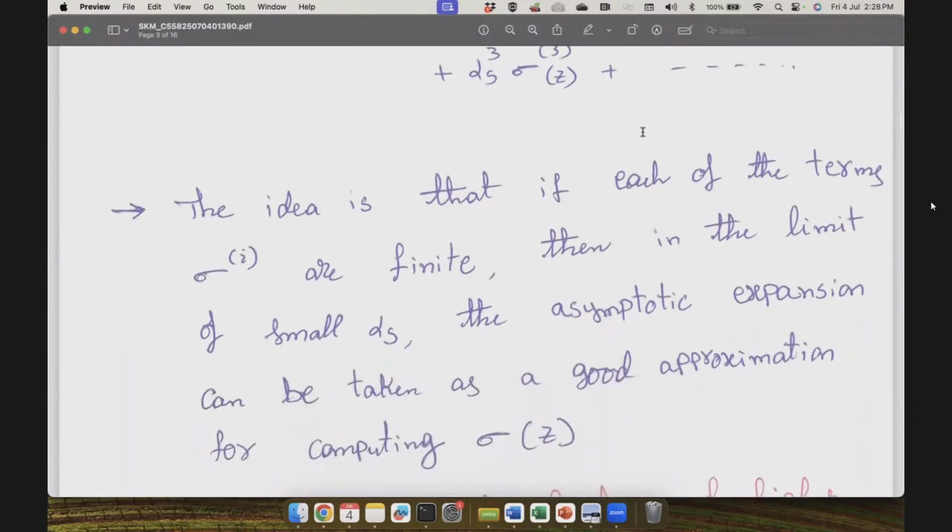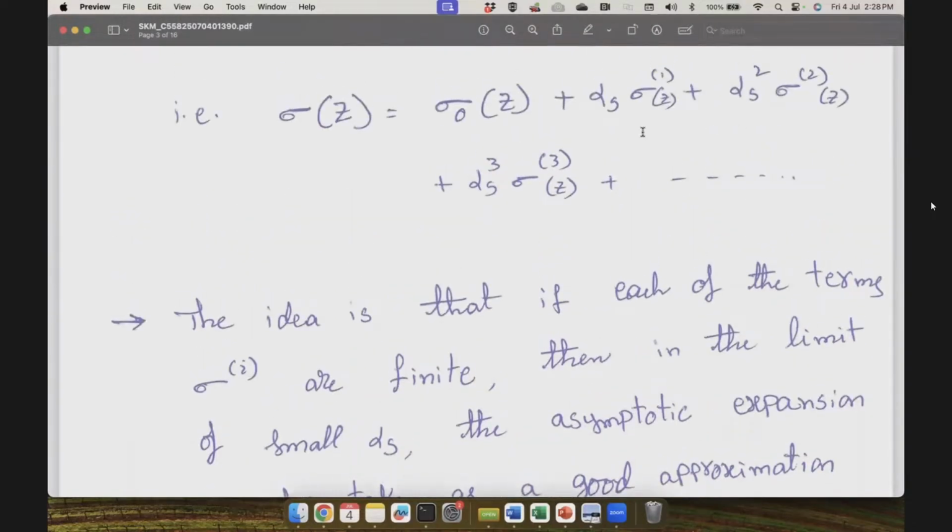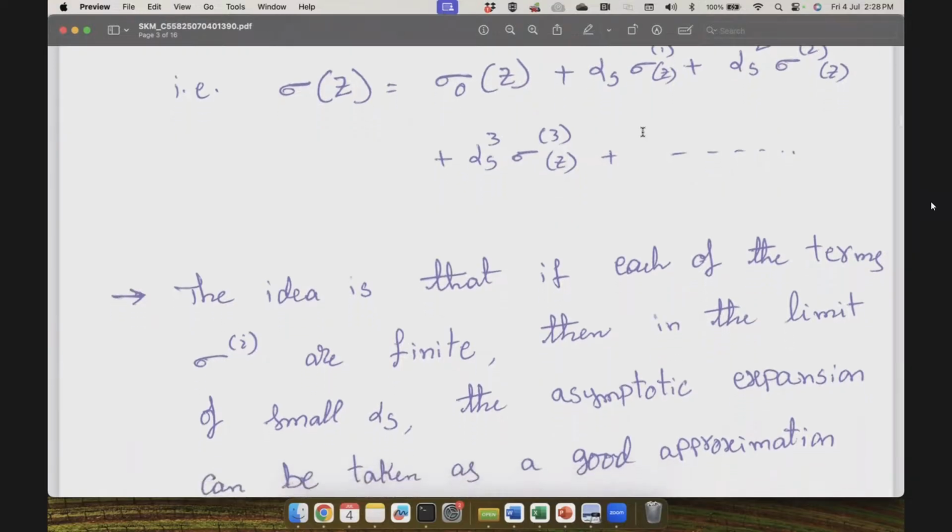So the idea is that if each of the terms is finite, suppose there are no singularities, that is what is understood now in quantum field theory, order by order. If there are any singularities, all the singularities will cancel, and whatever is left over is a finite quantity, which is perturbatively calculable, and it gives some contribution to the basic leading order contribution.